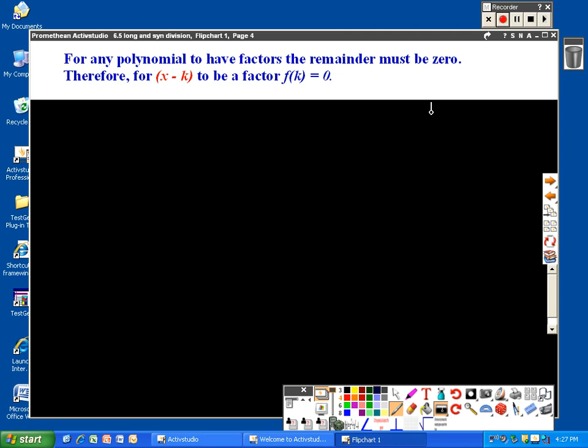Therefore, x minus k is a factor if f of k is 0. Remember before, we would have done x minus k equals 0. Add k. So x equals k. That was my root. So when I substitute in k and get a remainder, a root of 0, I actually had a true factor.